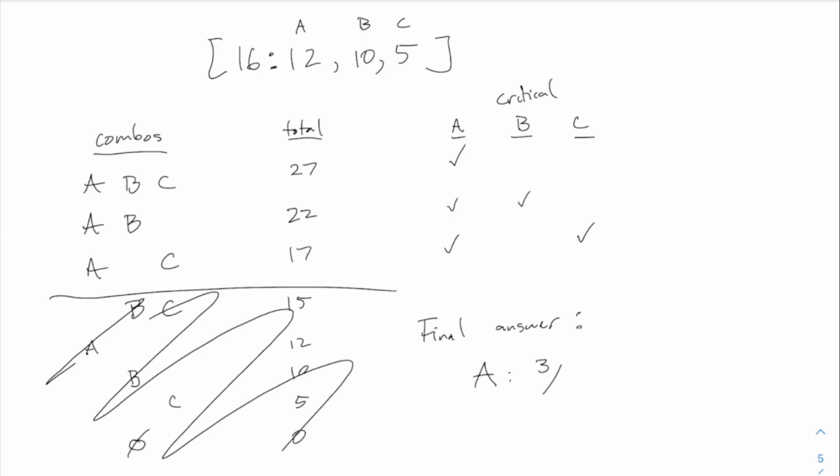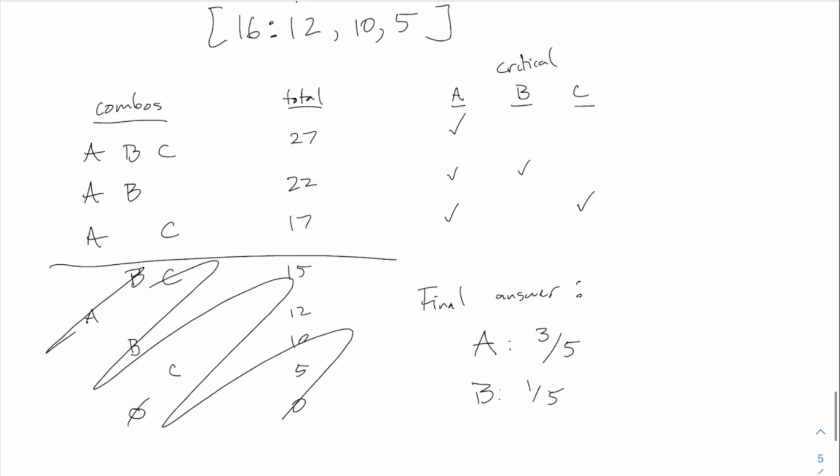The denominator is going to be the total number of checks that you see. So there are 5 total check marks here, and 3 of them are A's. So the total for A is 3 out of 5. The total for B is 1 out of 5. And for C is 1 out of 5. And that's the final answer.